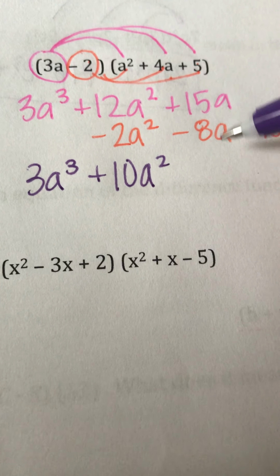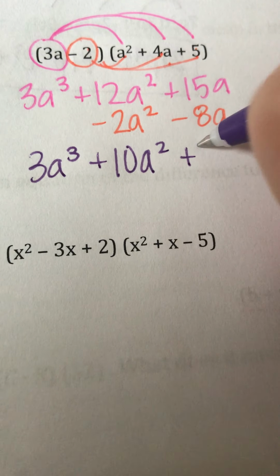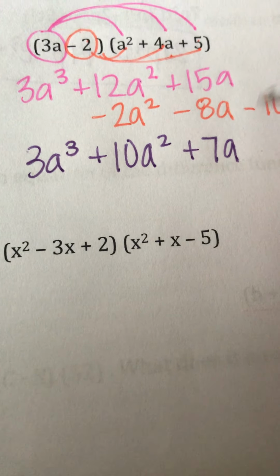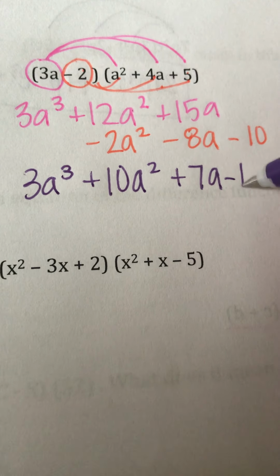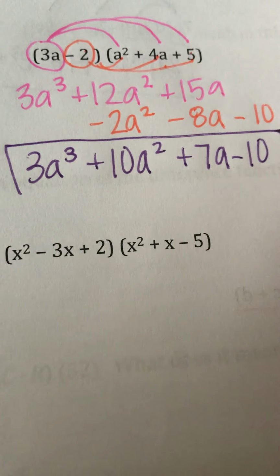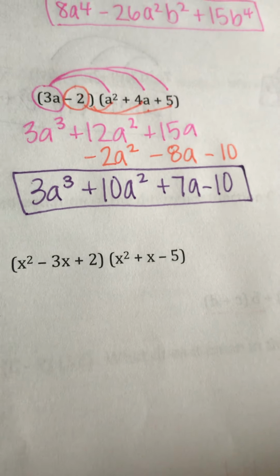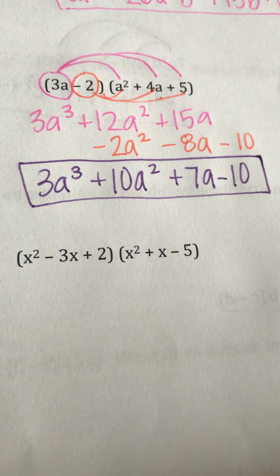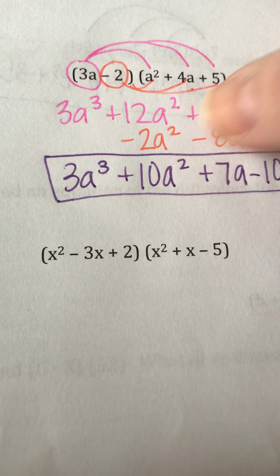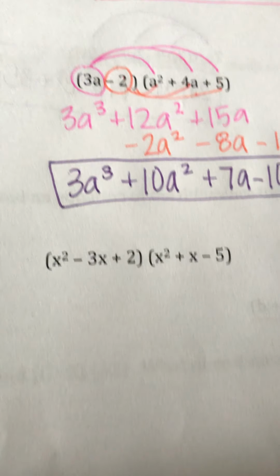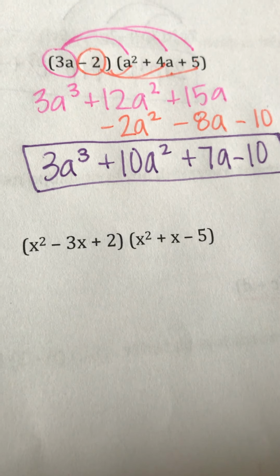Now I have a positive 15 and a negative 8, positive 7A. And then this number over here with no variable, I just have that one number. Okay? And there's my solution. Okay? Nothing else can be combined. I kept all my like terms together so that I could easily combine them into a final solution. Okay?